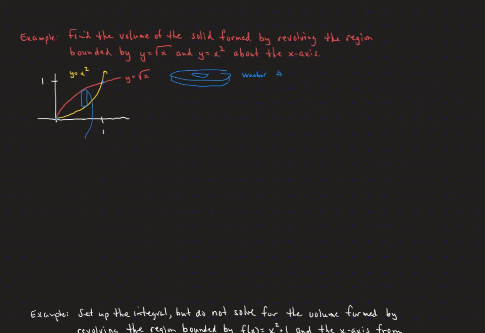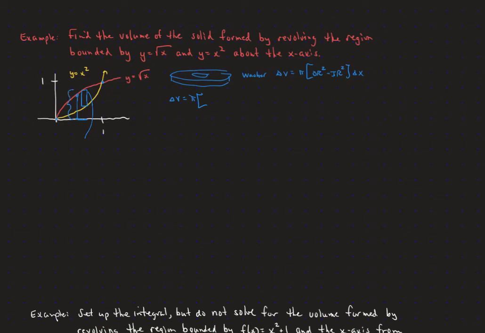And a washer, we said, has a delta volume that's going to be pi times the outside radius squared minus the inside radius squared, and in our case a delta x, because that's the thickness of that little cylinder with a hole in it, our washer. Now the outside radius is going to be that distance that goes from the line of revolution to the outer edge of the solid.